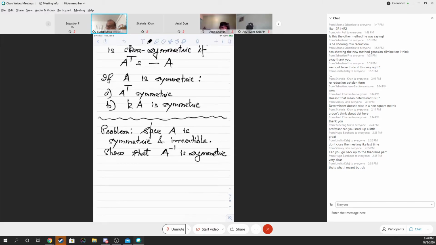How will you do that? So A inverse transpose, we know, is A transpose inverse. But A is symmetric, so therefore A transpose is A. So A inverse. Hence, A inverse is symmetric.